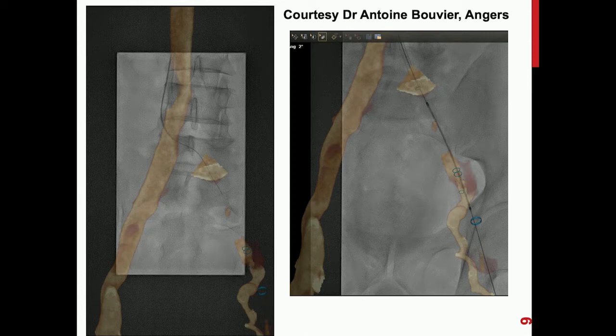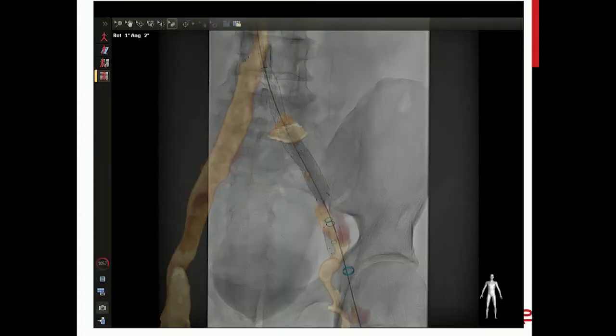These images have been given to me by Antoine Bouvier from Angers. I am an old man, and I'm not very familiar with these tools, but they definitely are very useful. If I have someone to put it on my screen for me, I'm very, very glad.